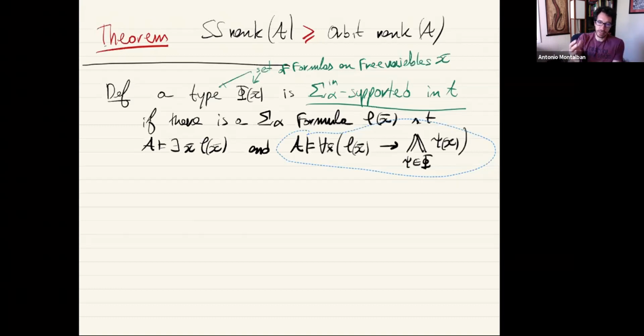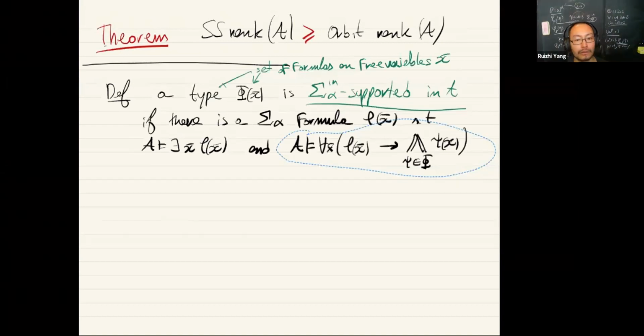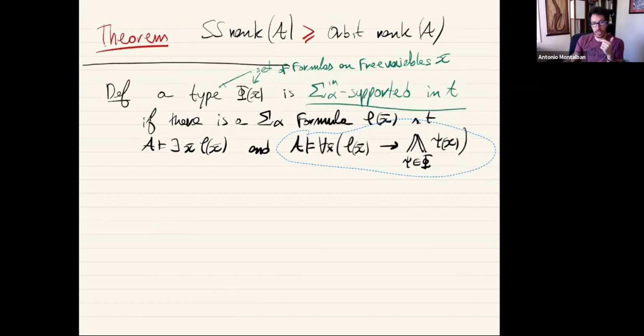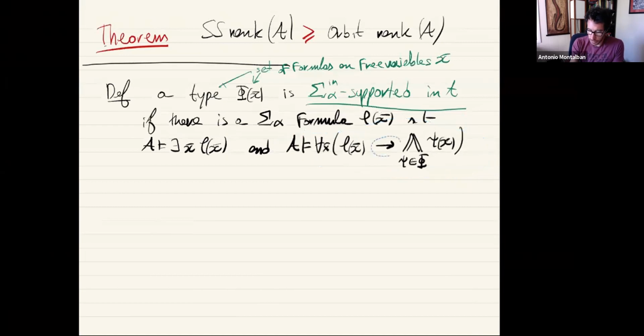So you don't need infinitely many formulas, you just need one, essentially. Do we need arrows to be left and right arrow? Here we only have one implication. In the case of principal types in model theory, we have the if and only if. In this case, no, it's just one direction.